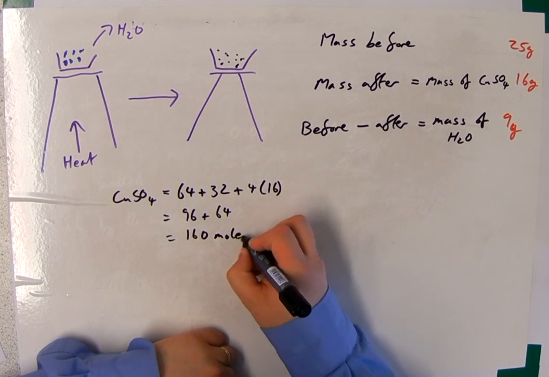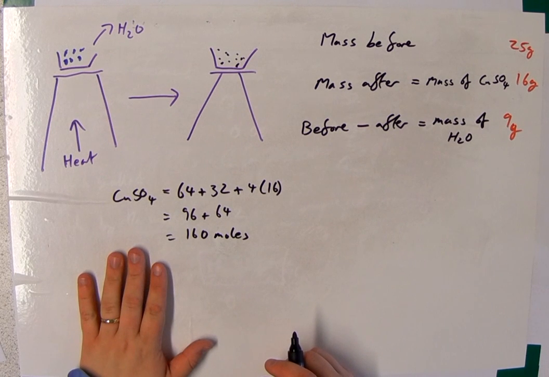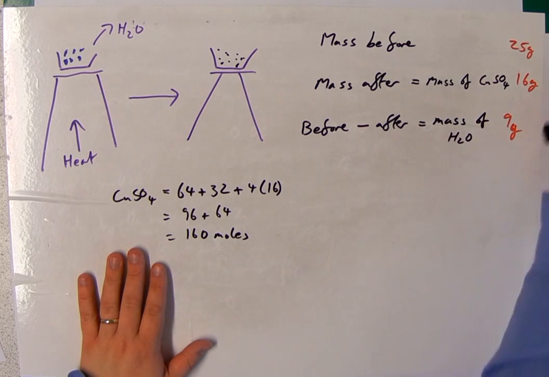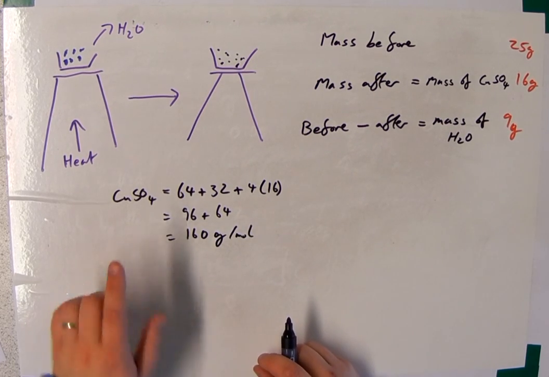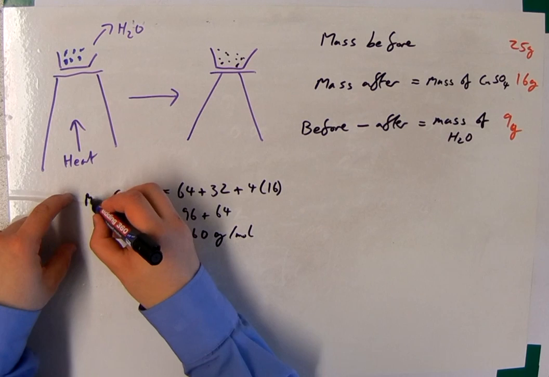Moles. 160 moles copper sulfate. Grams per mole. So that's our relative mass.